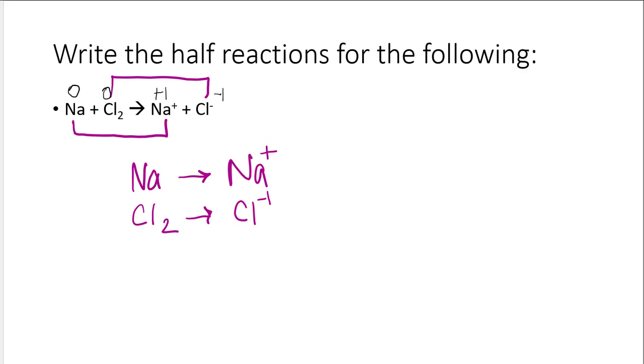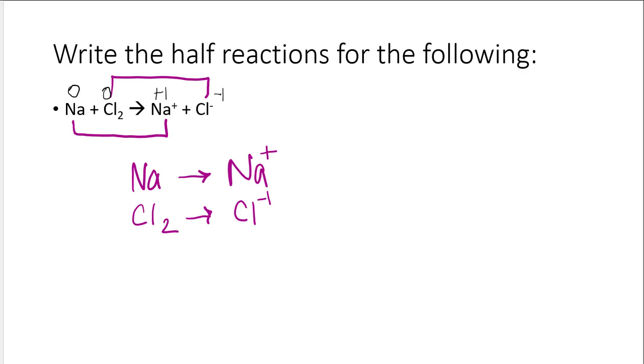So in our very first steps of recognizing how to split them apart, we take the unbalanced equation that we're given, and we recognize that one is changing charge from 0 to +1, and the other is changing charge from 0 to -1. When I think up here with the sodium going to sodium ion, the number of sodiums are the same.